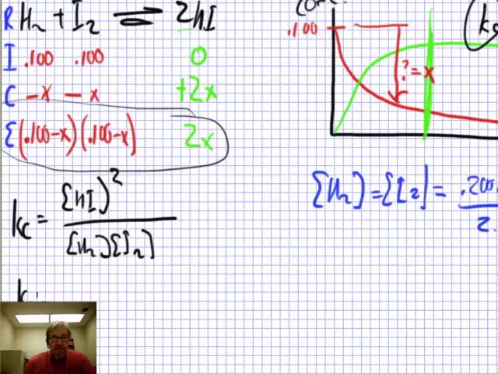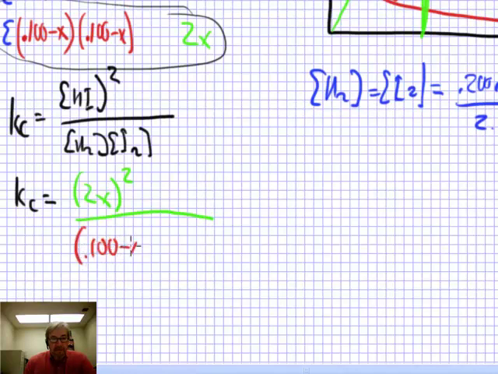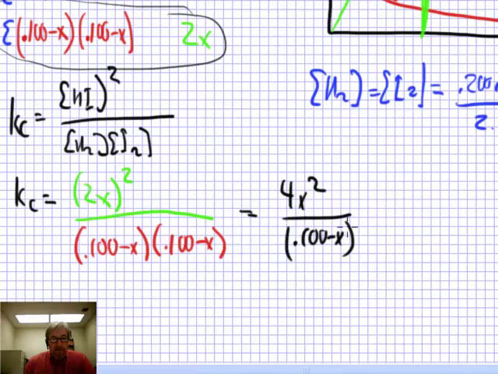Kc could be rewritten as 2X, that's the concentration of HI, squared, divided by 0.100 minus X to the 1 power, because that's the concentration of H2, times 0.100 minus X to the 1 power, because that's the concentration of I2. So this whole thing simplifies to 4X squared divided by (0.100 minus X) squared, and that's equal to Kc.